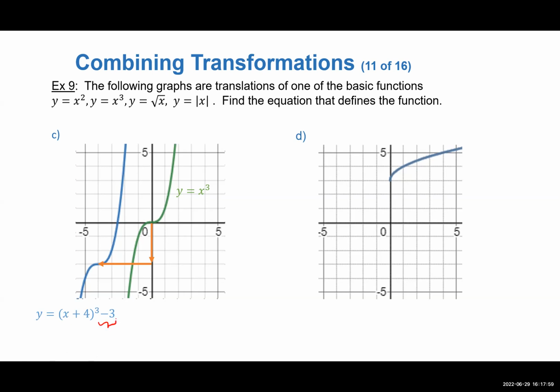But to the left 4 units means we have to go into the x value and add 4. That has to go directly with the x, because if you add 4 to the outside, then that moves it up, and we actually wanted to move it to the left.